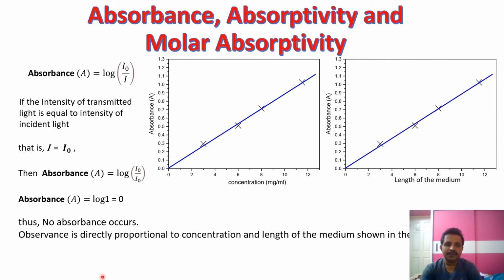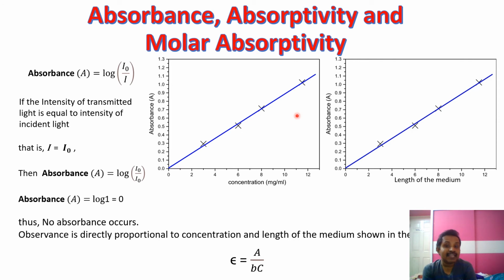By this, we can observe that absorbance is directly proportional to the concentration and length of the medium. That is, as the concentration of the sample is increasing, the intensity of the light is getting absorbed by the sample.